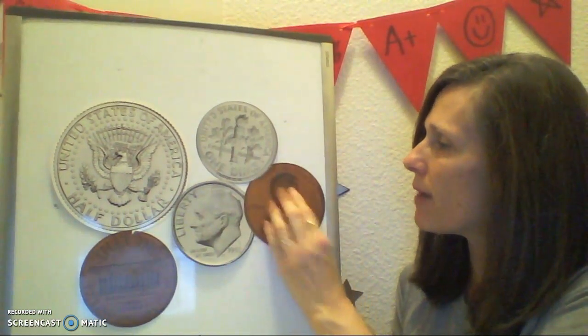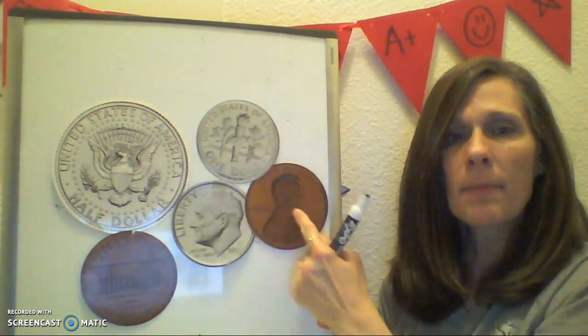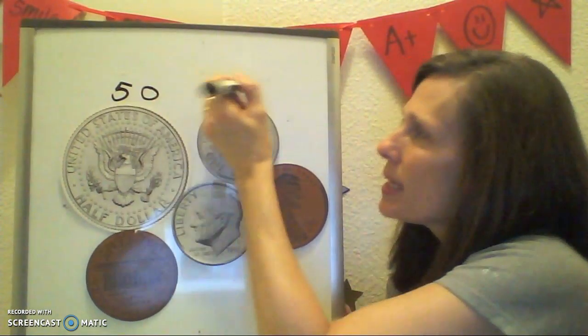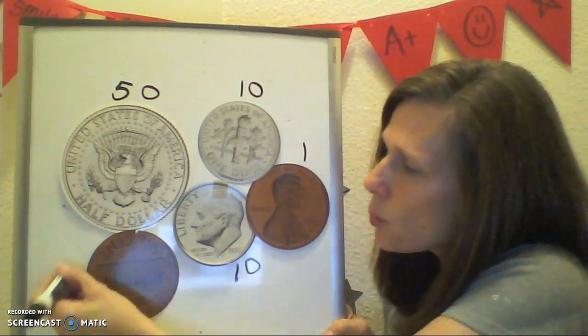So we're going to identify our coins. Here we go. 50 cents or half dollar, dime, penny, right? So I identified my coins. Now I'm going to name the value. 50, 10, 1, 10, 1.